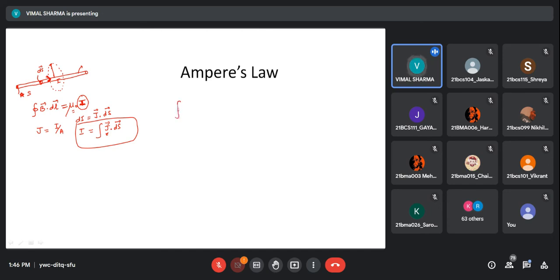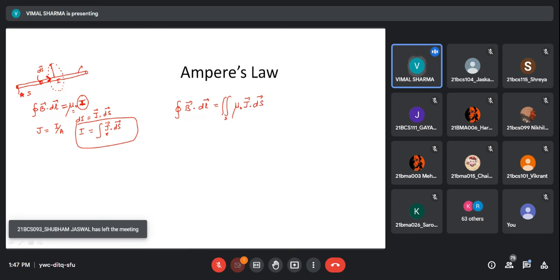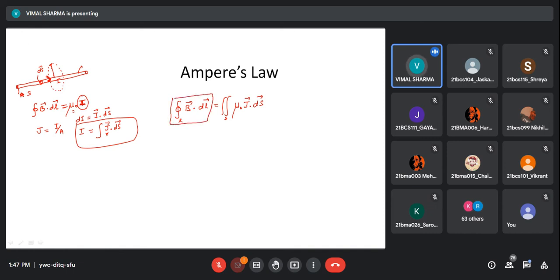So I can write current in terms of current density. Ampere's law, the closed line integral of magnetic field, is equal to mu naught times I, so you can write it as mu naught times the integral of j dot ds. This is a surface integral, whereas this is a closed line integral.